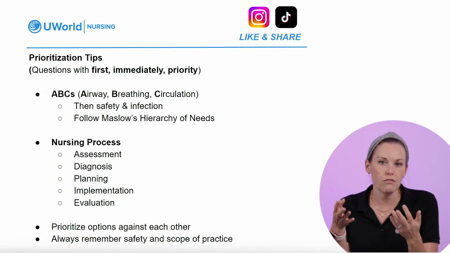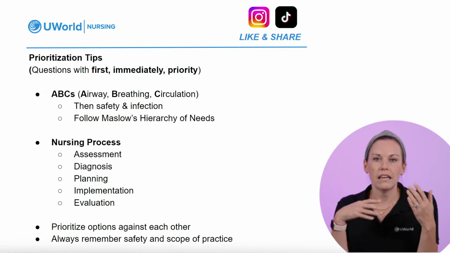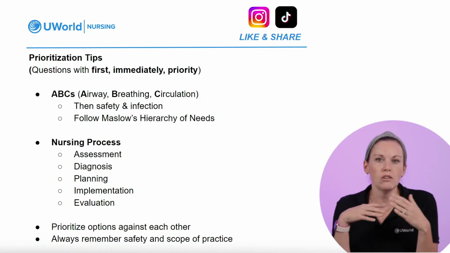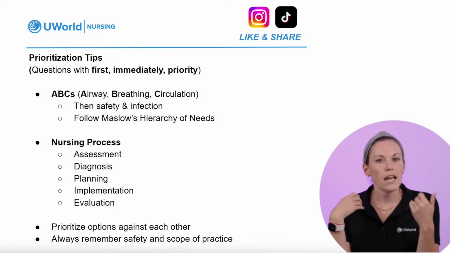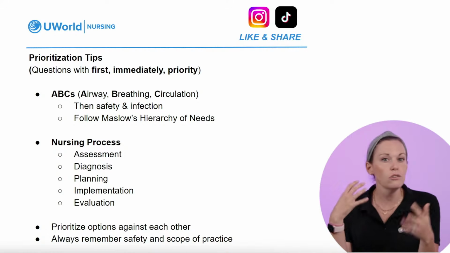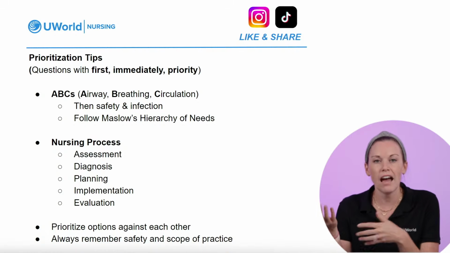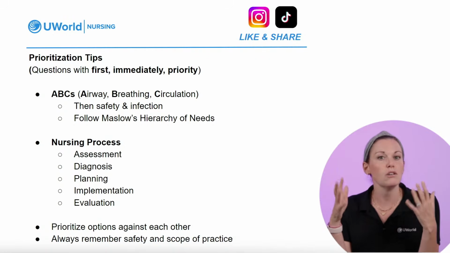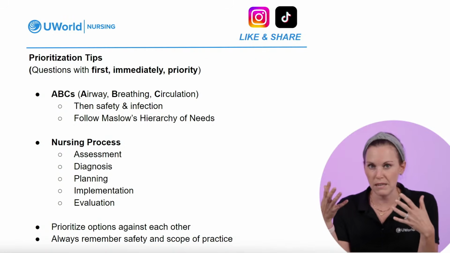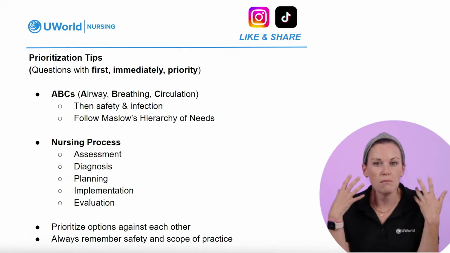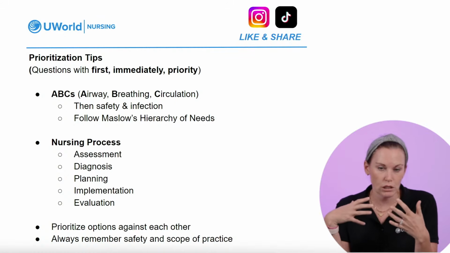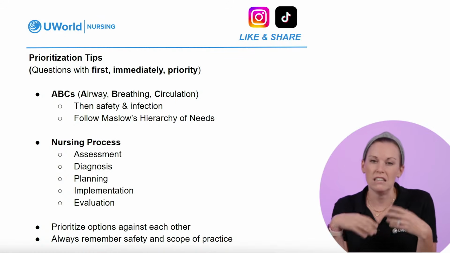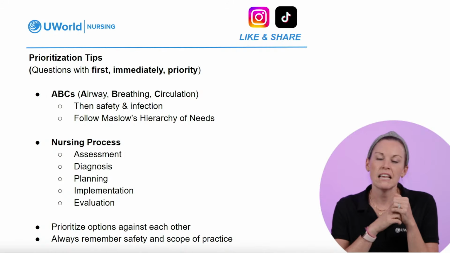We can always focus on stratifying our options using the ABC method: airway, breathing, circulation, and those are always going to go in that order. If you're having to pick between different clients that have different conditions, you can prioritize them based on ABC. So who's having an insecure airway, difficulty breathing, trouble with perfusion, that would be a way you could prioritize.